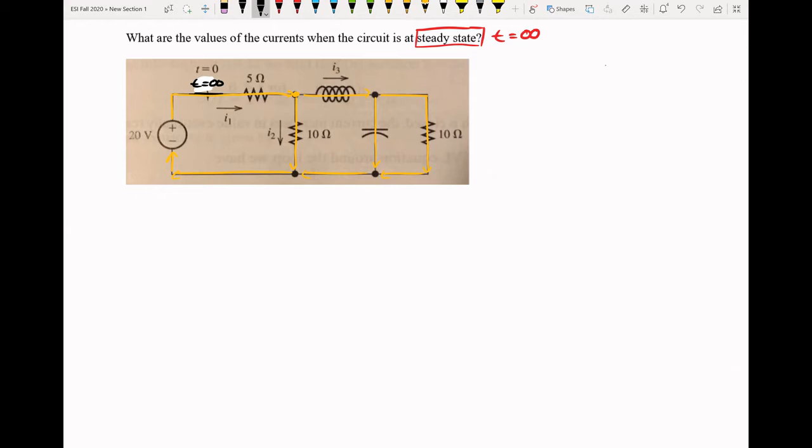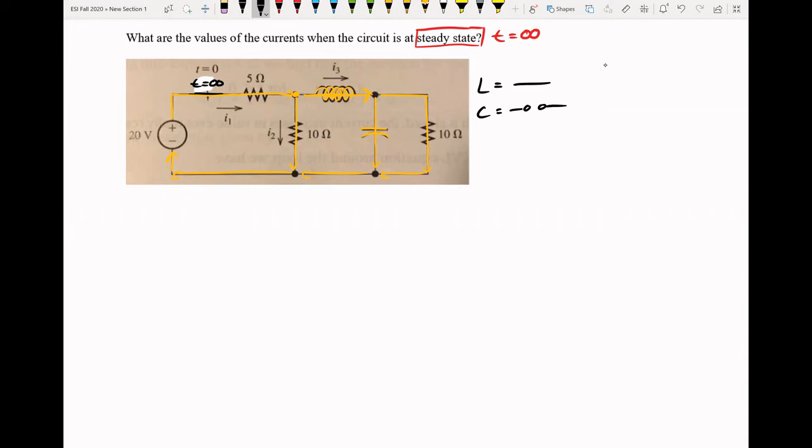If I let current run through this inductor forever, then the inductor will act just like a wire.